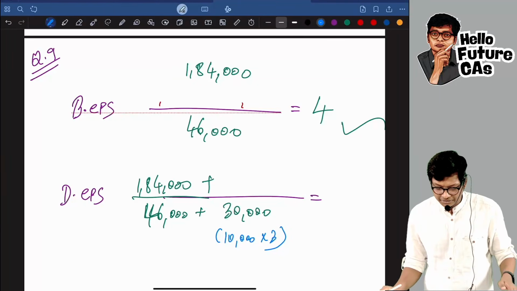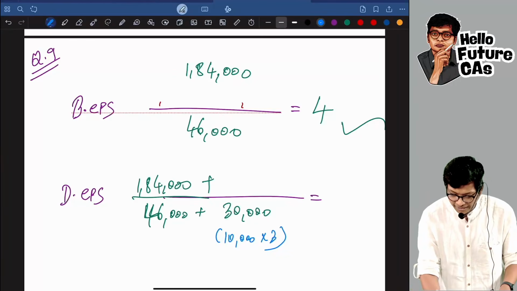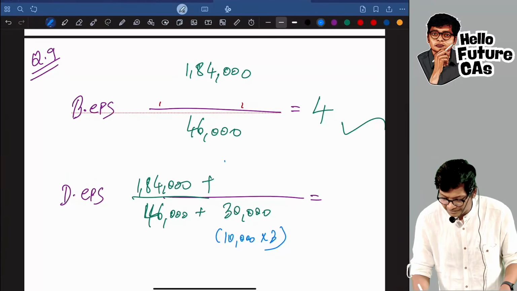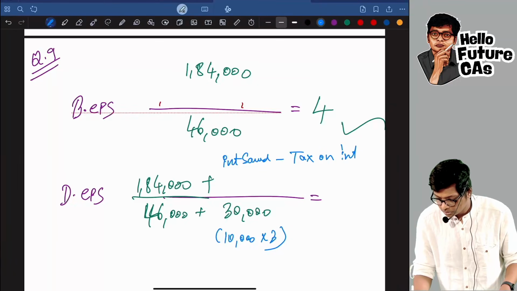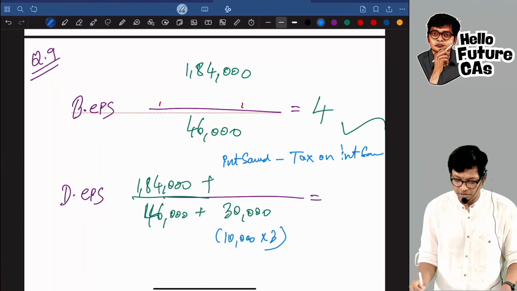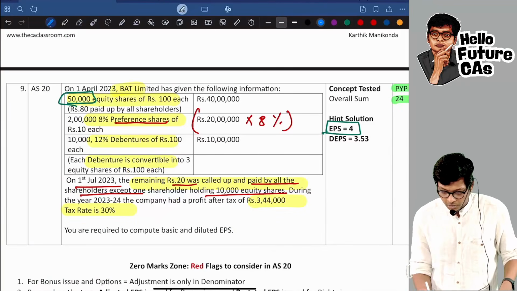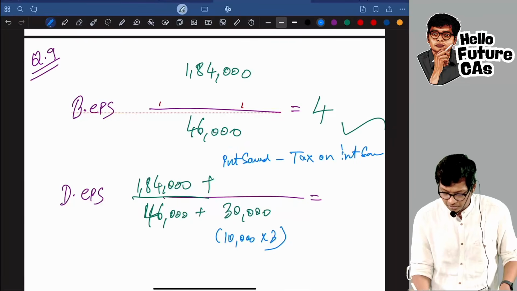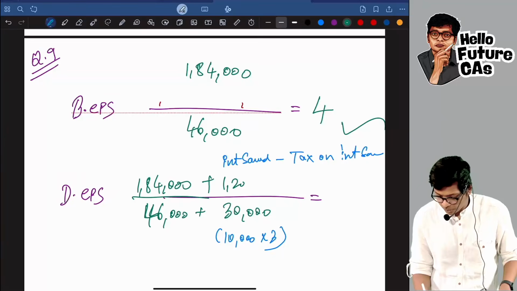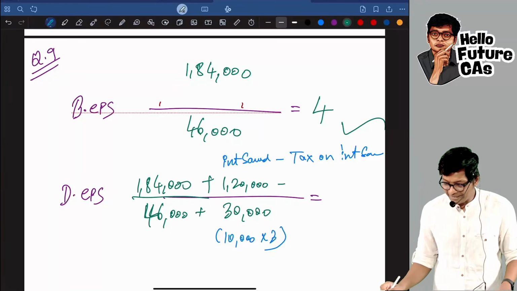Okay. Next, numerator, I just have to add two things. Interest saved minus tax on interest saved. Correct? What is the interest saved? 10 lakhs into 12%. Correct? 1,20,000. So I will add 1,20,000 minus tax on this.